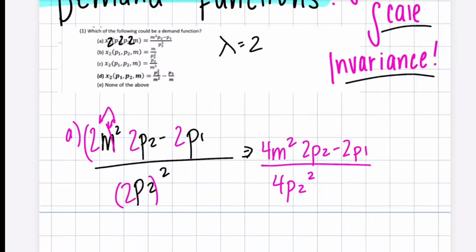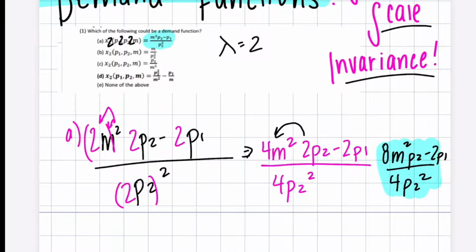I can simplify this a little bit more because this 2 and 4 can be multiplied by one another since they're attached. So we have 8m squared p2 minus 2p1 over 4p2 squared. Looking at what we have left here, this is not equal to our original demand function. It's quite different. So this one is not a demand function.